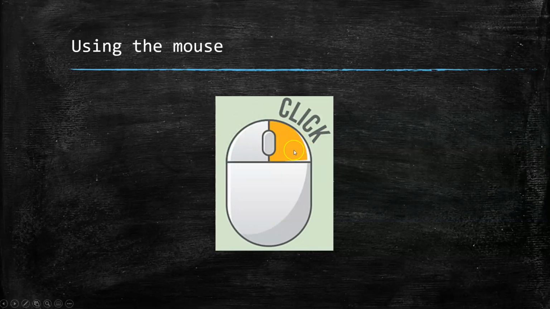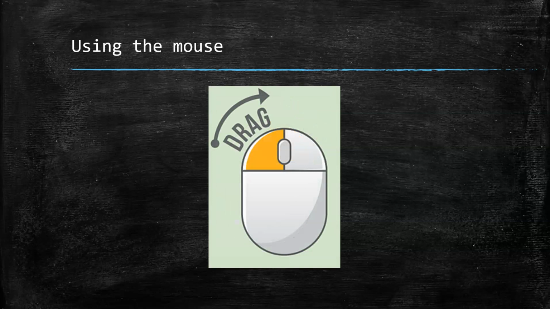Right clicking on something, so putting your cursor over something and pushing the right button down, will open up extra menus and extra options that you can use in various places on your computer. You can also click and drag things. So if you click and hold down the left button and then move your mouse around the screen, you will be able to highlight multiple things at once.